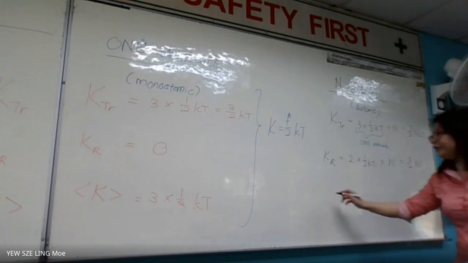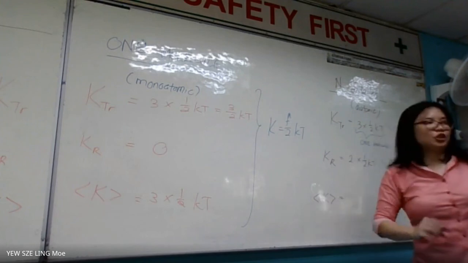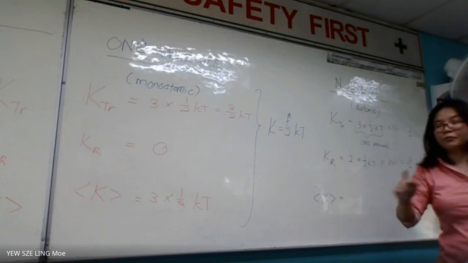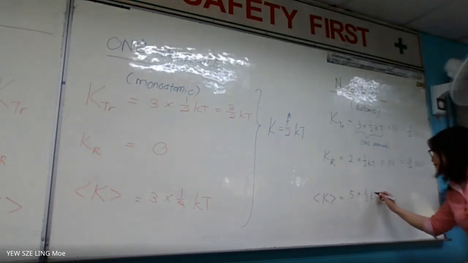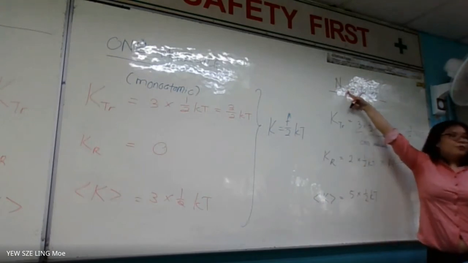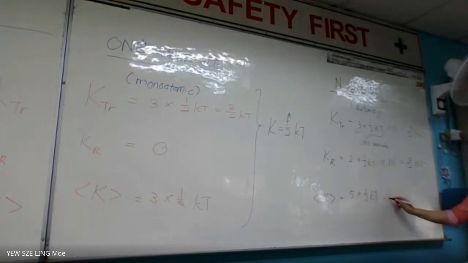How about average kinetic energy? Well, average kinetic energy for one molecule, it has 5 degrees of freedom. So 5 times 1/2 kT. But now you have more than one molecule. You have n amounts of molecules, so you multiply with another n.